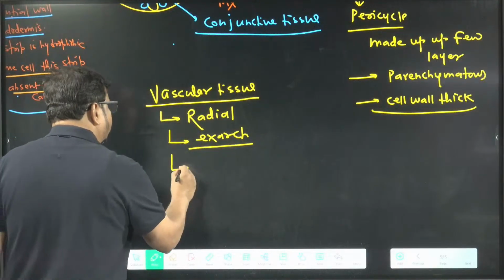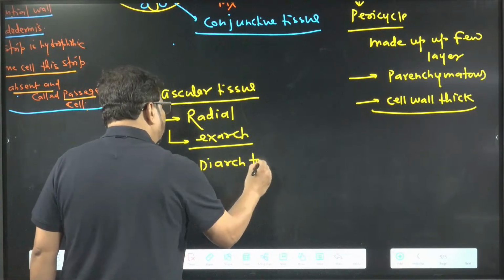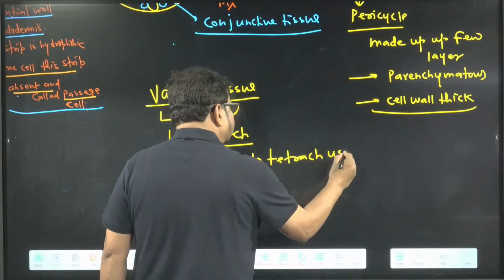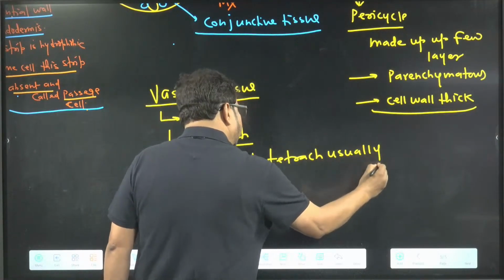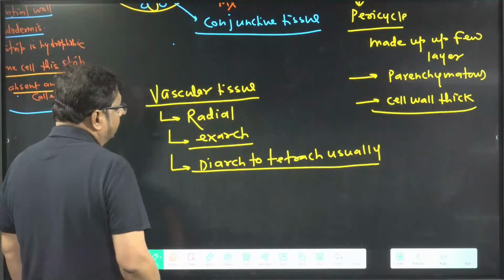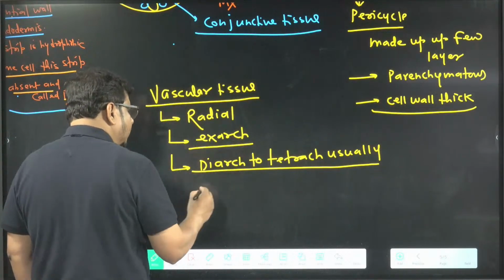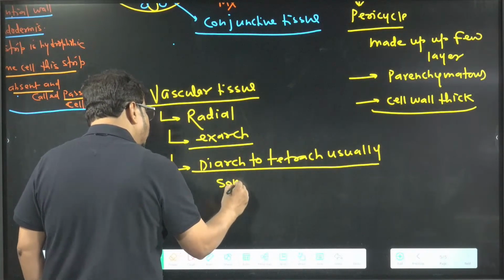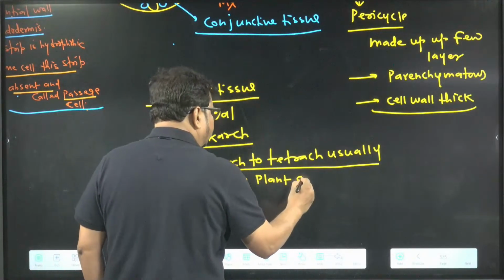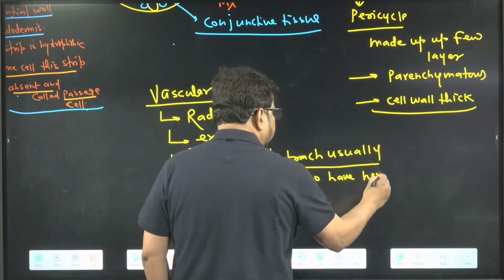Then it is diarch to tetrarch. Usually, in most roots, it is diarch to tetrarch. In case of a dicot root, diarch to tetrarch. Some plants also have the hexarch condition.